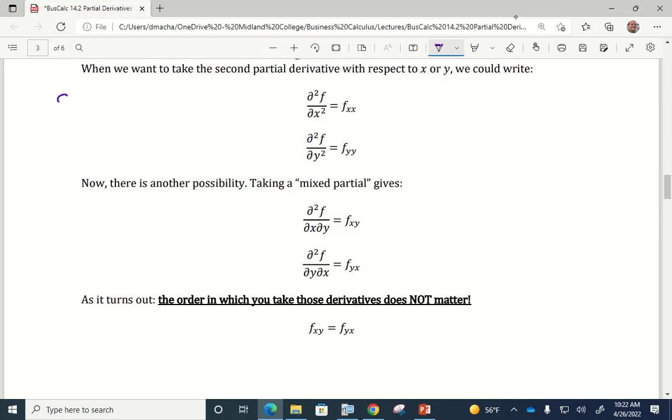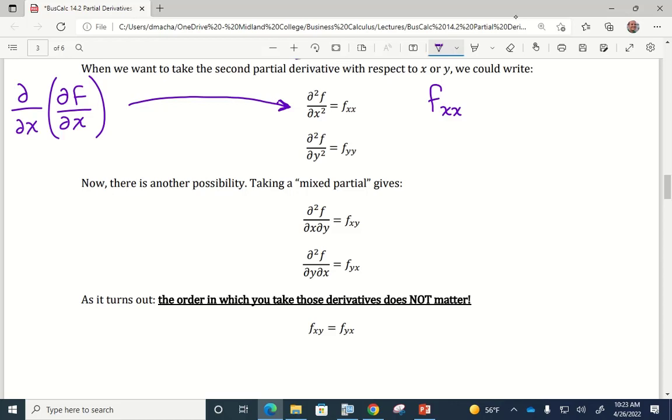So if I want to take the second partial derivative of f with respect to x, I would take the partial derivative of f with respect to x, and then I would want to take the partial derivative with respect to x of that derivative. And the way that you could write this, my shortcut notation, is just write 2 x's in that subscript. That tells me to take 2 partial derivatives with respect to x of that function.